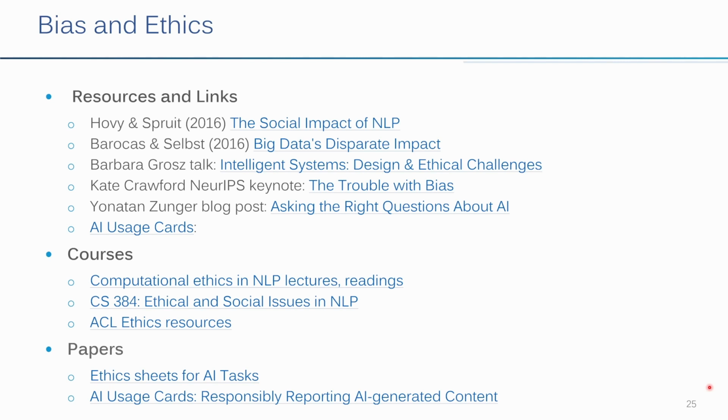For example, the social impact of NLP, design ethical challenges, the trouble with bias, asking the right questions about AI, AI usage cards. Also, there's a bunch of courses that now are incorporating this assessing of AI in their curriculum, and also a couple of papers and technologies that are right now being used. And this, we can give a spoiler on the class that's up ahead of us.